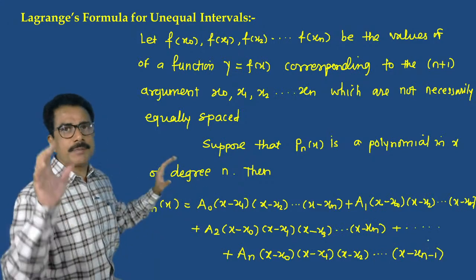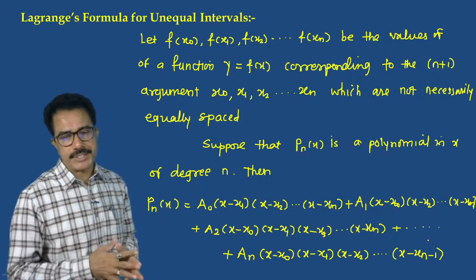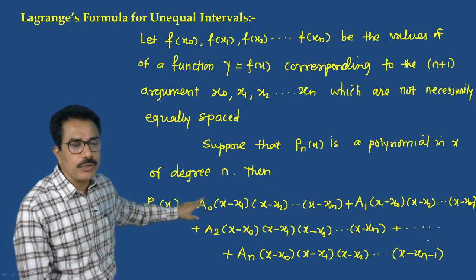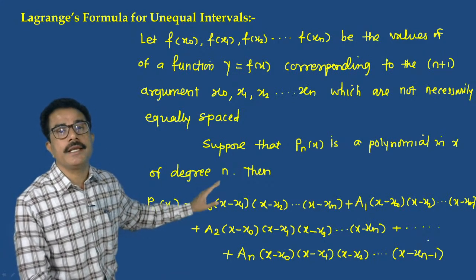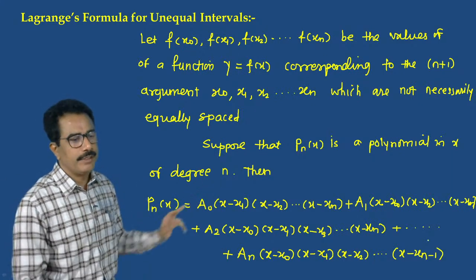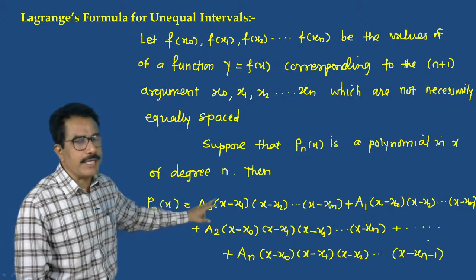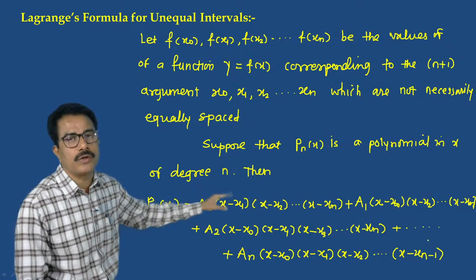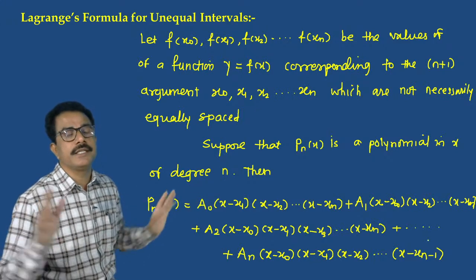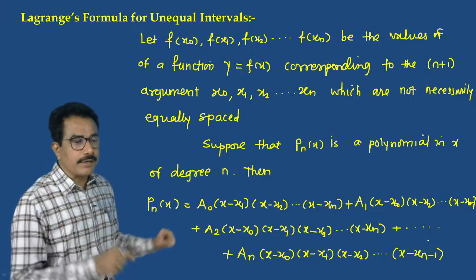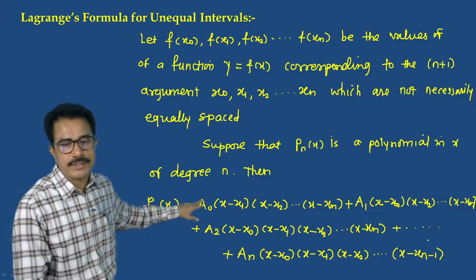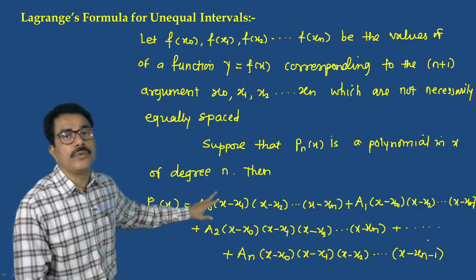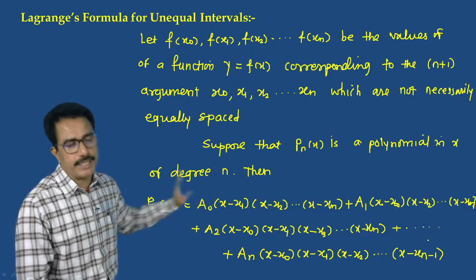See, this is a particular type of polynomial which we have to consider. Pn of x is equal to a0. When we take a0, we do not take the bracket x minus x0 with it. So a0 into x minus x1 into x minus x2 into x minus x3 into dot dot dot x minus xn. This is the nth degree polynomial. But in the product of a0, the constant coefficient, we can't take x minus x0.